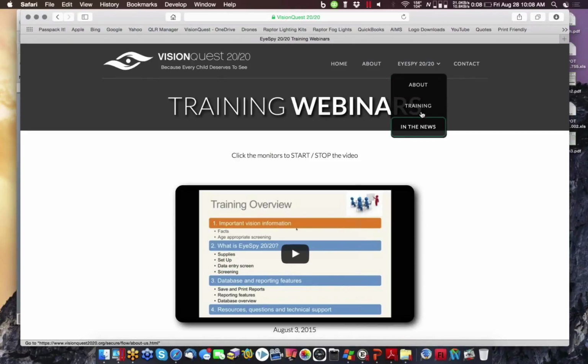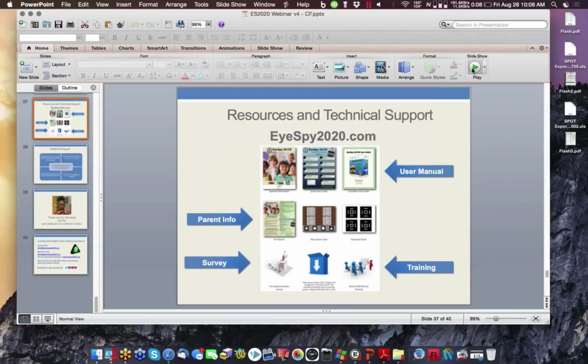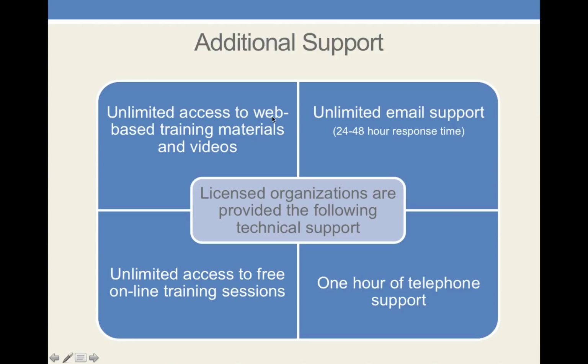You can look at some things about us in the news and all of that stuff. So you're more than welcome to access that resource. So user's manual, parent information, surveys prior to implementing EyeSpy 2020, registering for training. All of that's available to you there.